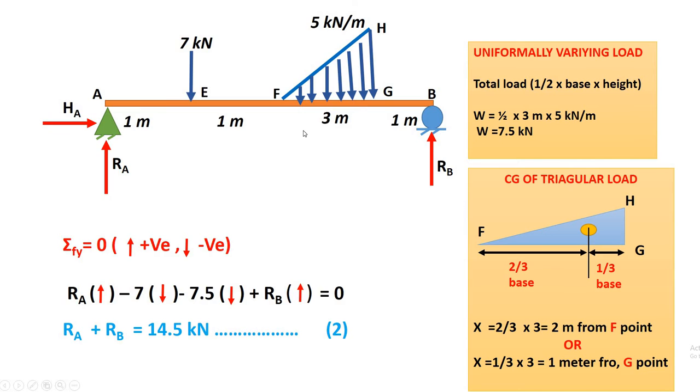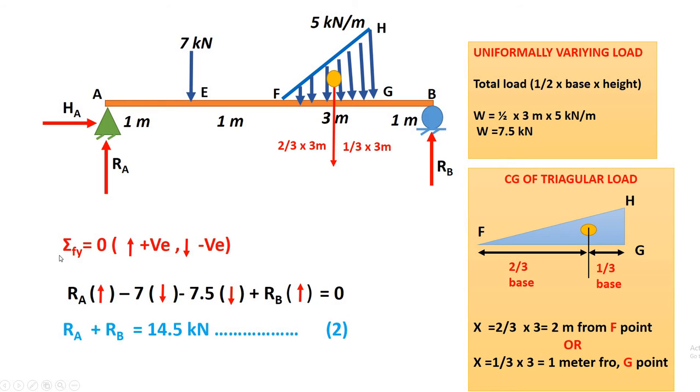In the same way, where the total load is acting over here, this is the CG. Now this is the total load, and this distance is 2/3 of 3 because the base is 3, and this distance is 1/3 of 3 because it is from the height. So now we have determined the CG of the load.